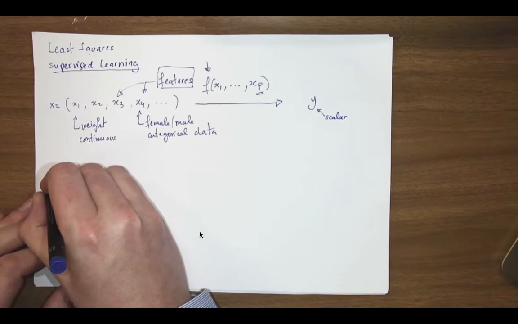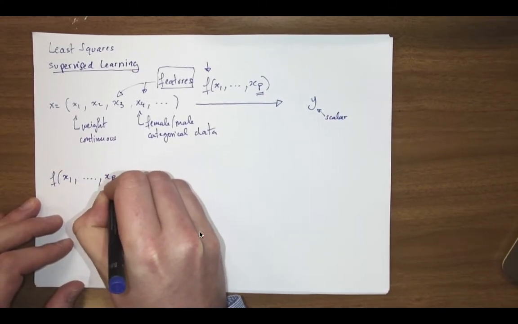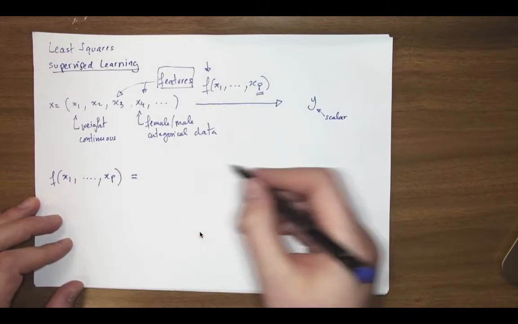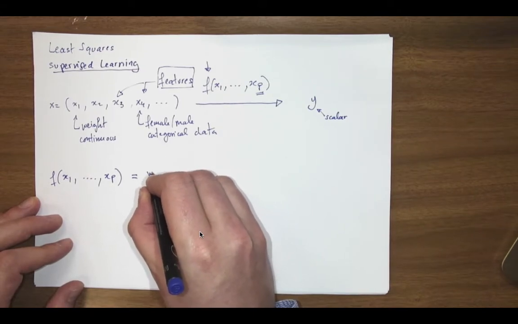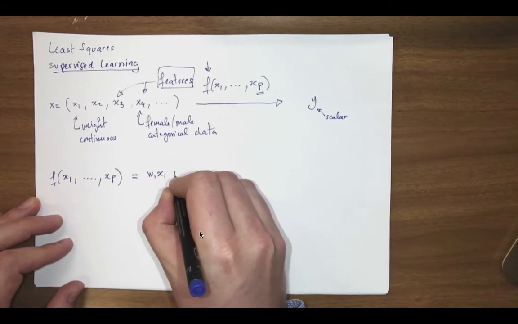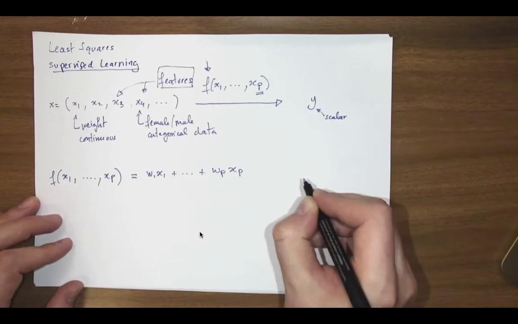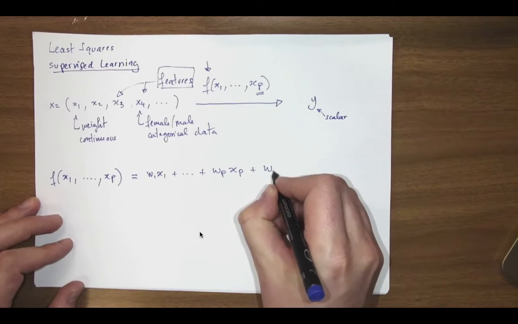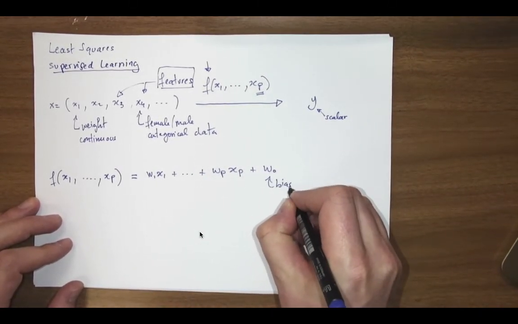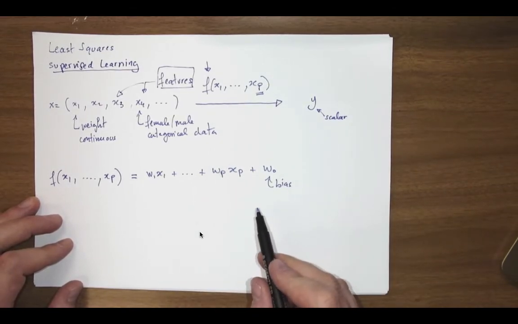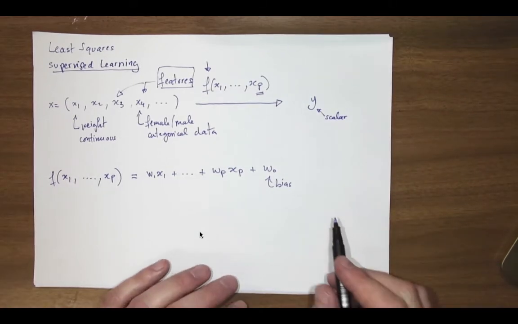We say the model is going to be a linear combination of all these input features, plus a constant term, which is sometimes called the bias. But that's not that important. It's just called the bias in the deep learning literature, so I'll just mention that here.